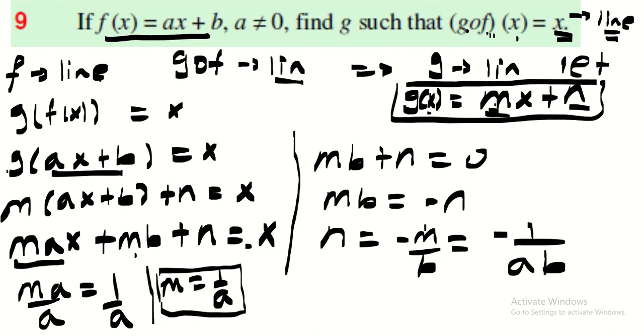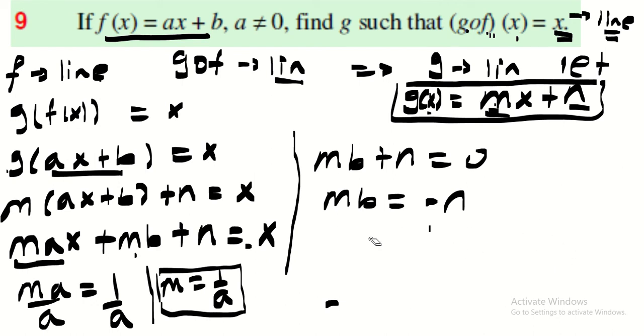In place of m, if we substitute 1 over a, it will put a in the denominator. You can replace and check, by the way. Okay, let me replace and show you better. Let me start from here. What will be n?